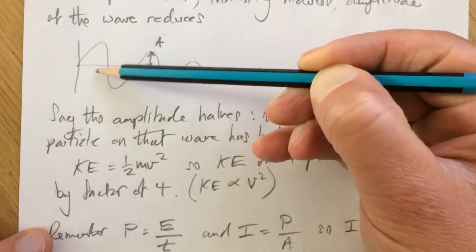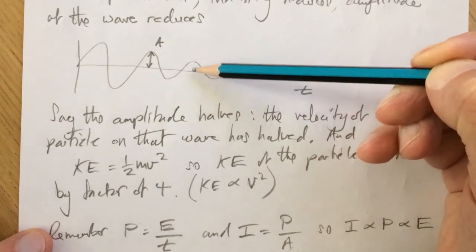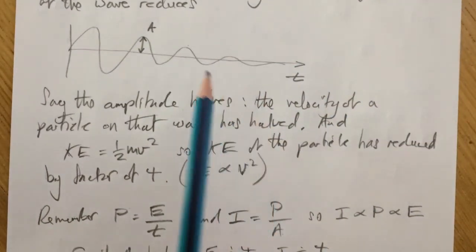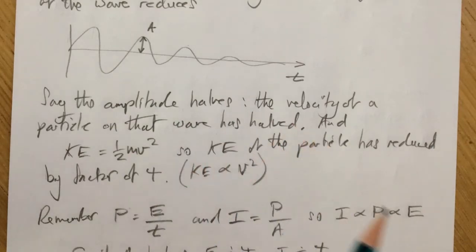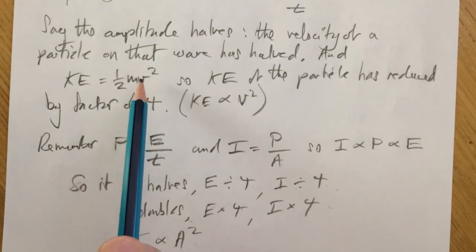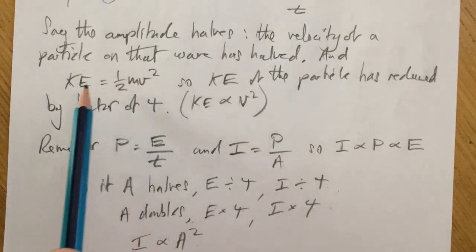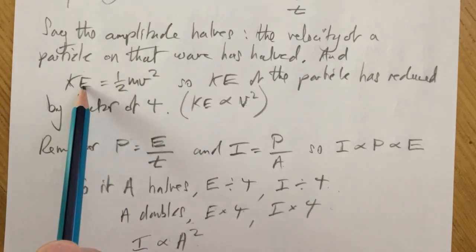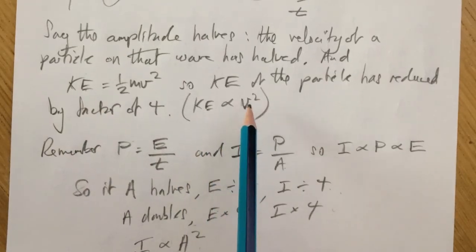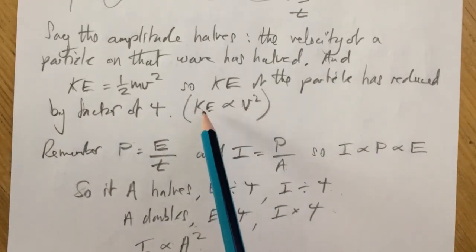The frequency is the same, but the distance is halved. So speed is halved. If the particle's velocity is halved, remember kinetic energy equals a half mv squared. If the velocity halves, the kinetic energy will drop by a factor of 4 because k is proportional to v squared. You halve this, a half squared is 0.25, isn't it?